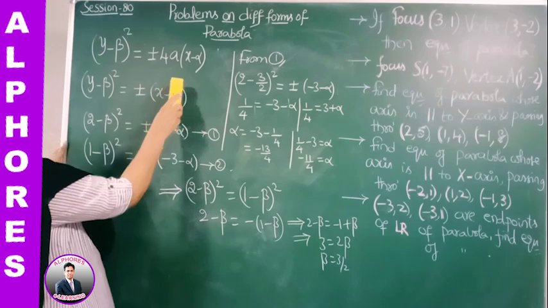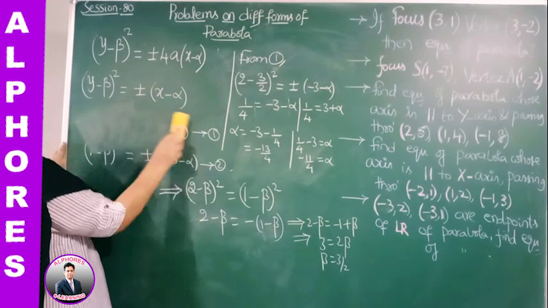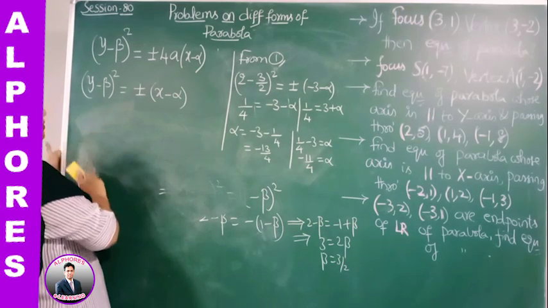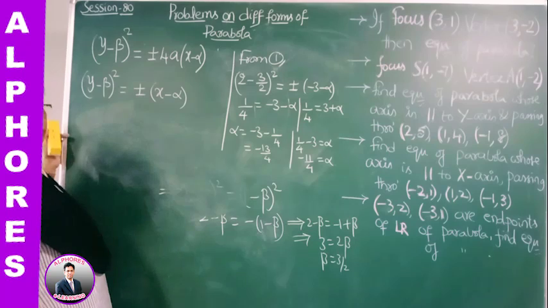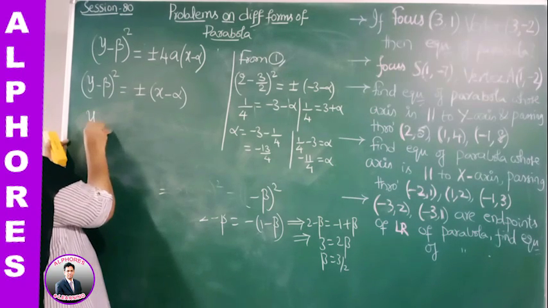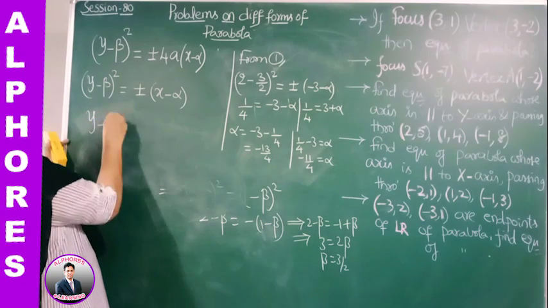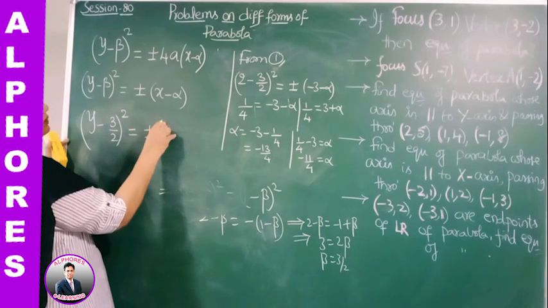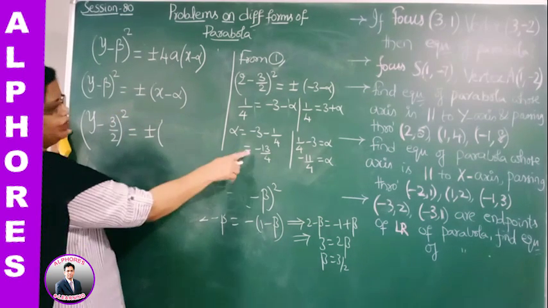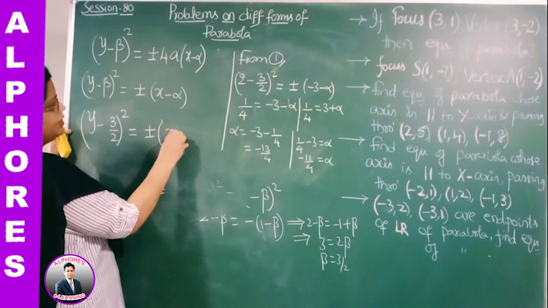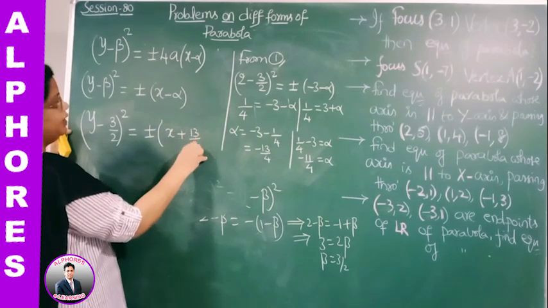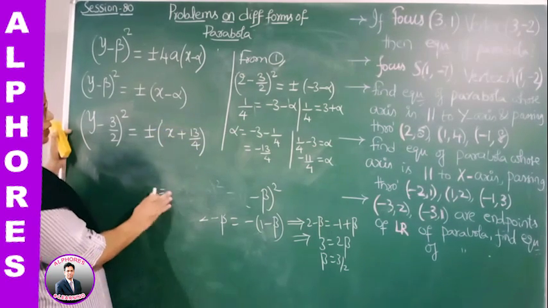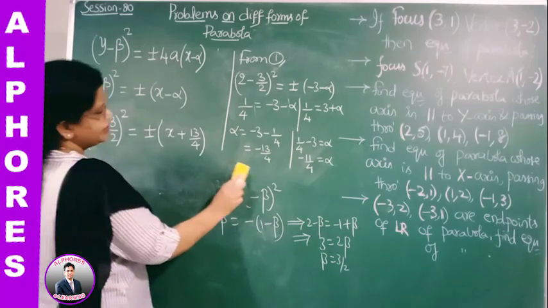So what about the equation now, students? We are going to substitute here. This is nothing but y minus beta, that is y minus 3 by 2 whole square, and this is equal to plus or minus x minus alpha. One time I am substituting this, that is x minus of minus 13 by 4. And what is the other value you can substitute here?